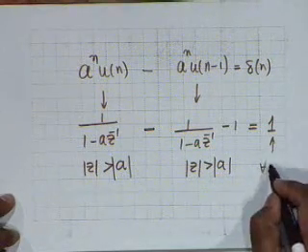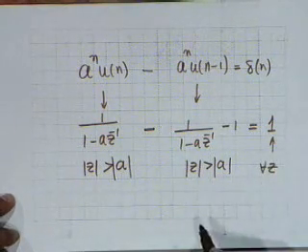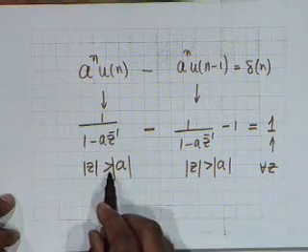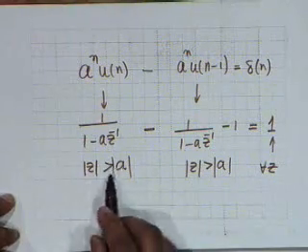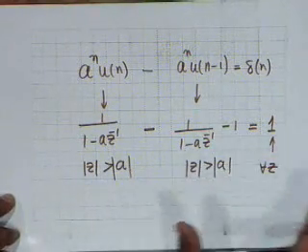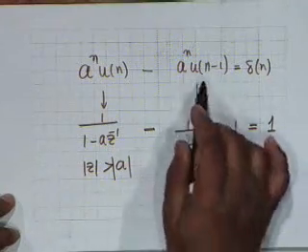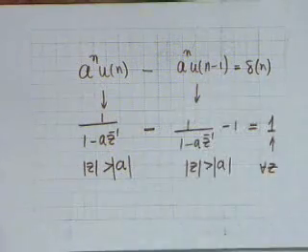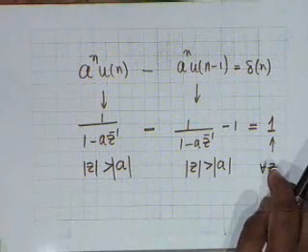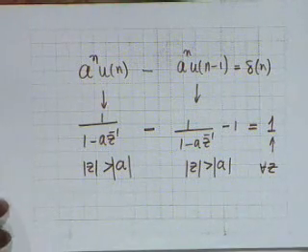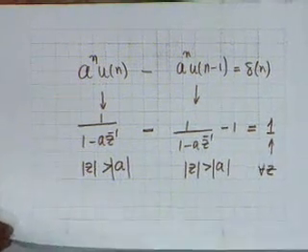ROC is all Z. You see, the ROC is at least the intersection, which means mod Z greater than mod a, but because of superposition the ROC has become wider. It includes the complete Z plane. Well, this is sufficient to demonstrate that the Z transform is indeed a wide-hearted operation.